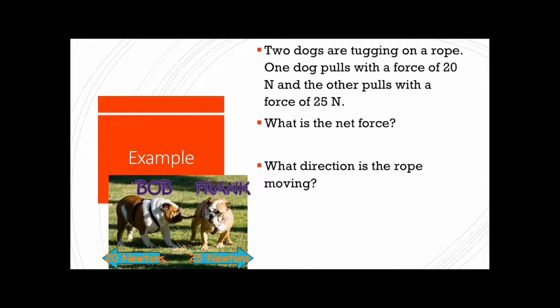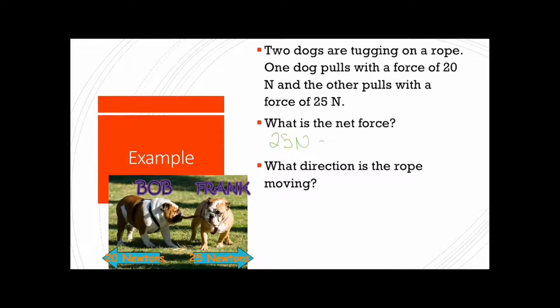Let's try another one. We've got two dogs here. Their names are Bob and Frank. They are tugging on a rope. Well, one dog, that's Bob, is pulling at a force of 20 newtons. The other dog, Frank, is pulling with a force of 25 newtons. So what's the net force? Well, they're pulling in opposite directions, so we need to subtract this.